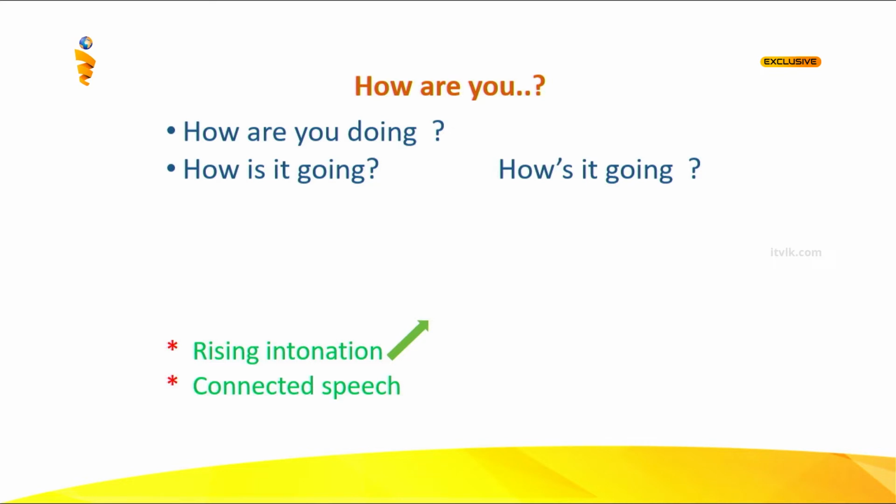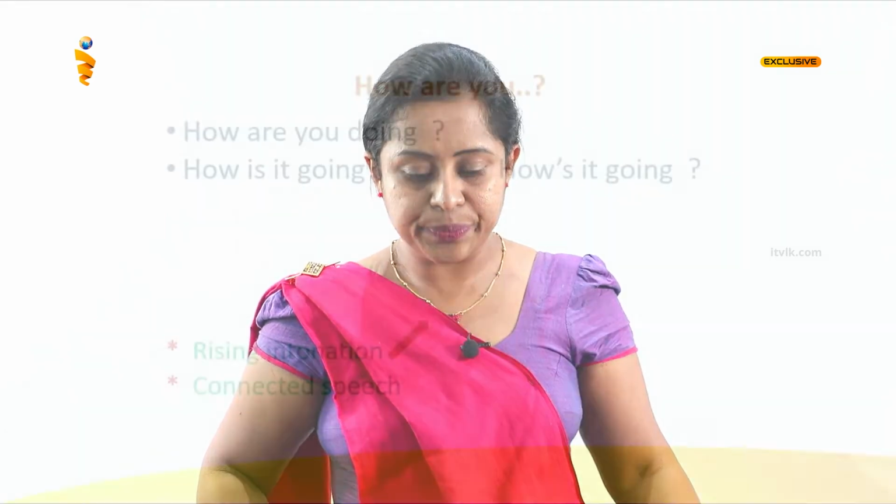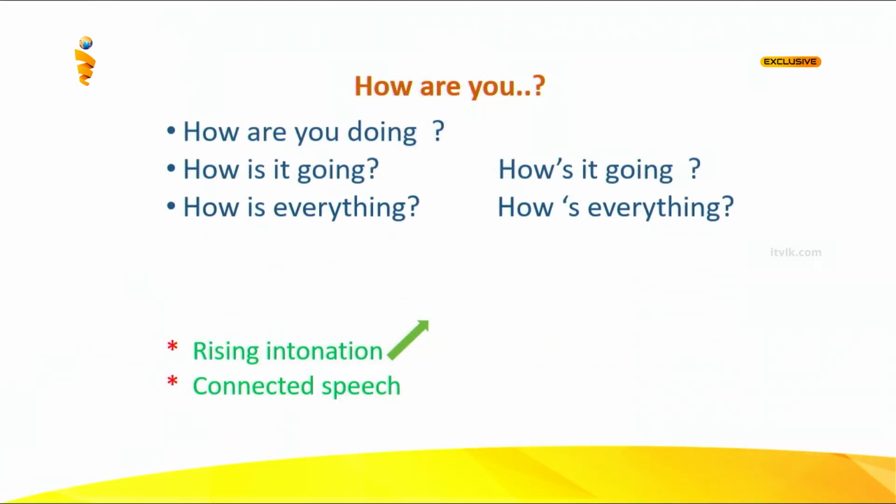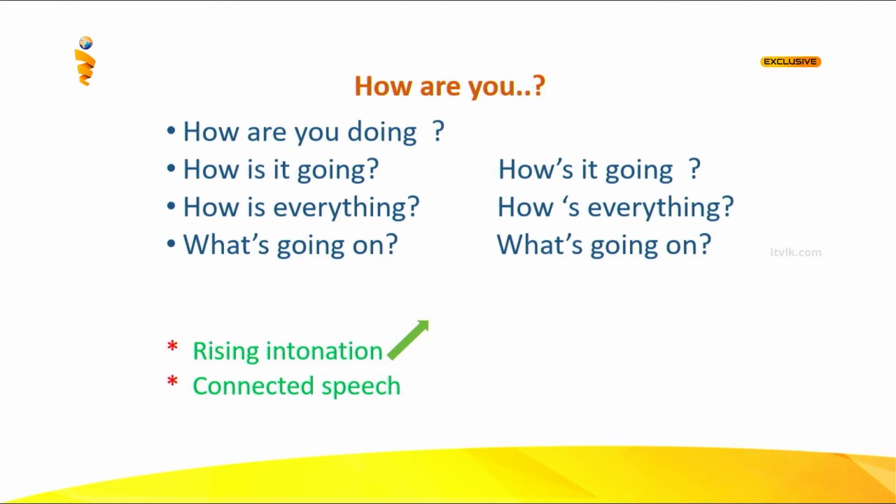The connected speech affects the fluency of the speech, and it also upgrades the quality of your delivery. So the rising intonation and the connected speech are very important in asking questions. What are the other ways we can use instead of how are you? How's everything? What's going on?